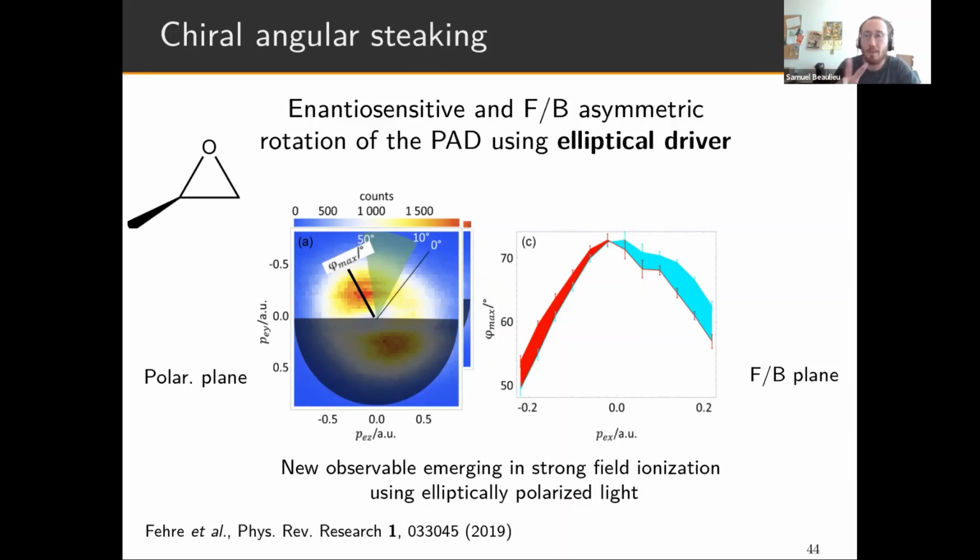And basically, it means that the electrons are angularly stretched in the opposite direction if they are ejected forward or backward. And this offset angle is a new chiral observable and can potentially be used to investigate strong field ionization dynamics of chiral molecules.